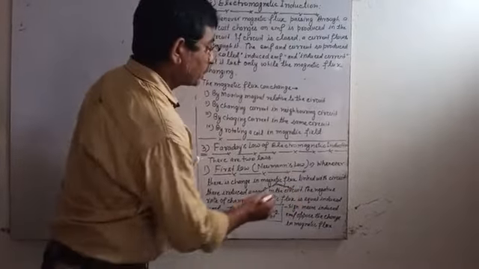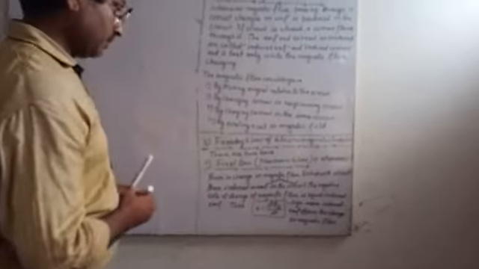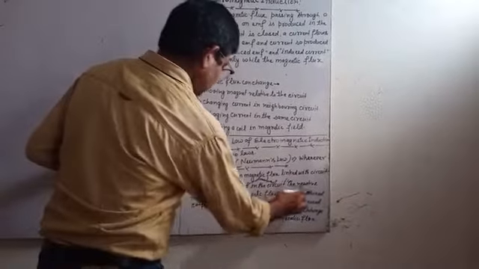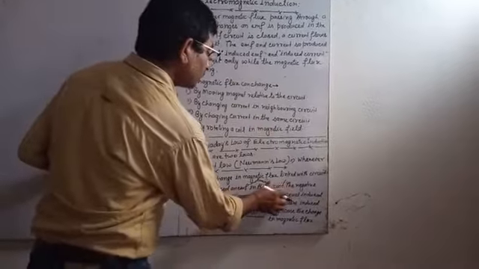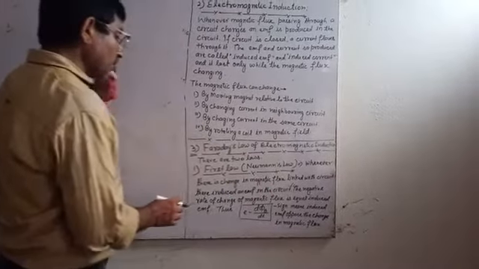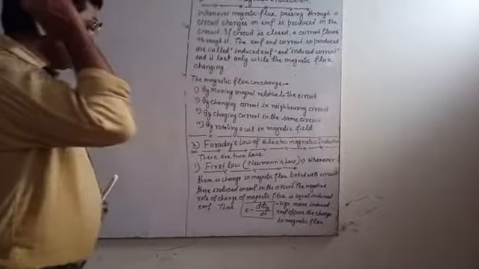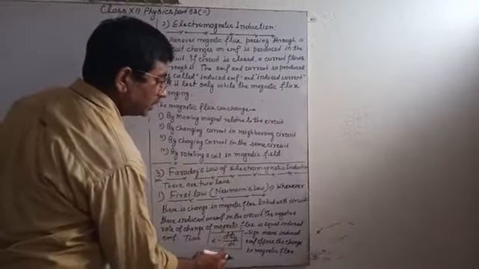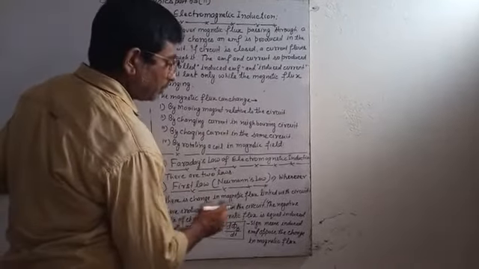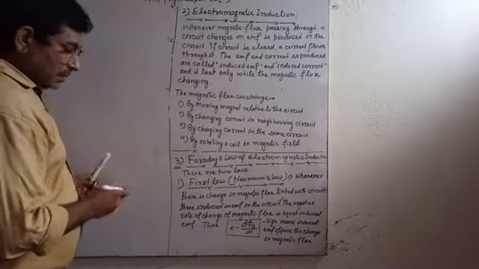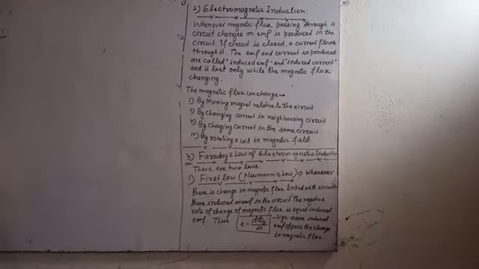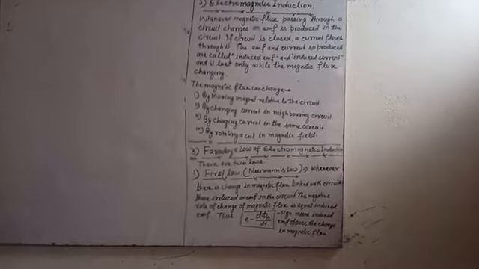The negative rate of change of magnetic flux is equal to the induced EMF in the circuit. Thus, induced EMF in the circuit equals minus d phi by dt. The negative sign means the EMF opposes the change in magnetic flux, where d phi is the change in magnetic flux in a small interval of time dt.